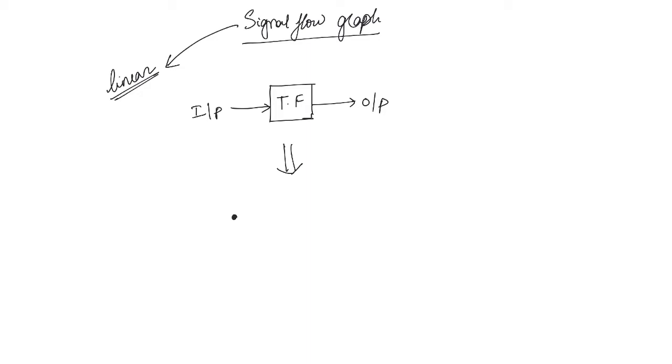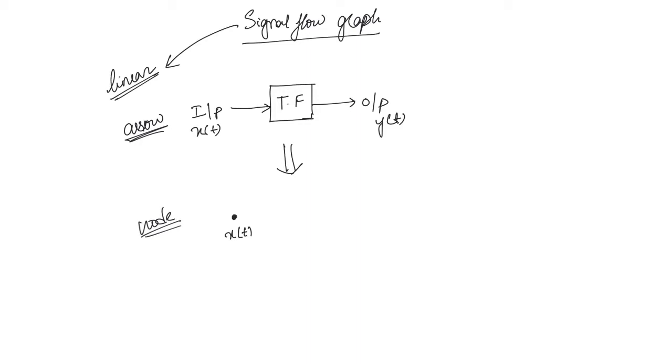Let us say the input is x of t and the output is y of t. Then this node will represent the input. In a block diagram the arrow represents the signal, but in the signal flow graph a node represents the signal.